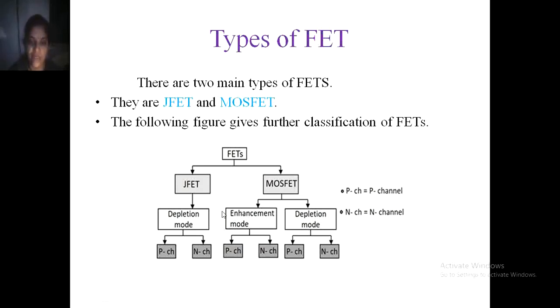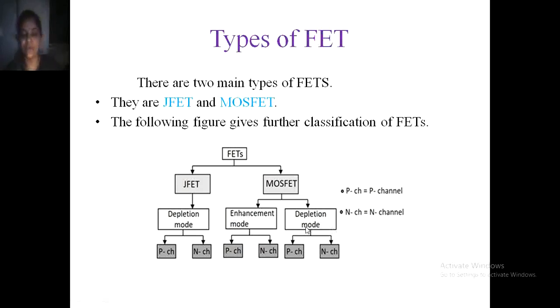JFET works only in depletion mode, and depending upon the structure of the JFET, whether it is a P channel or an N channel, it is categorized as P type JFET and N type JFET. Then MOSFET is categorized as enhancement mode and depletion mode.